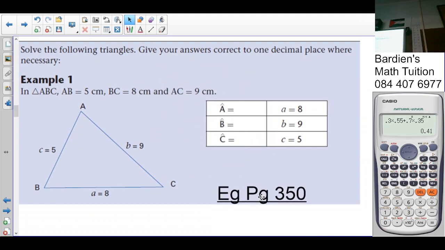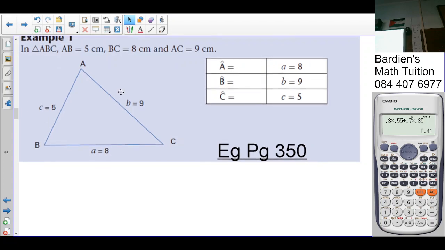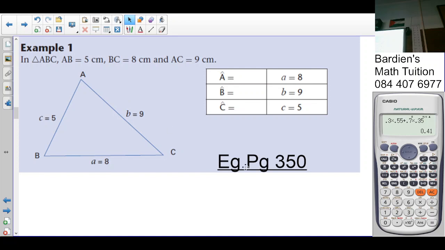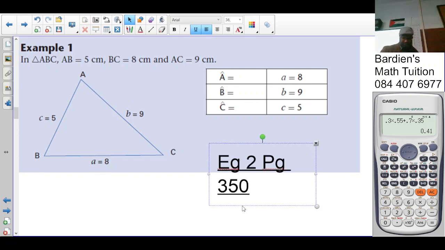If it says solve the following triangle, what does it mean? Let's calculate all the unknown sides and all the unknown angles. Give your answer correct to one decimal place where necessary. Example 1, video 1 here. Example 1 on page 350.